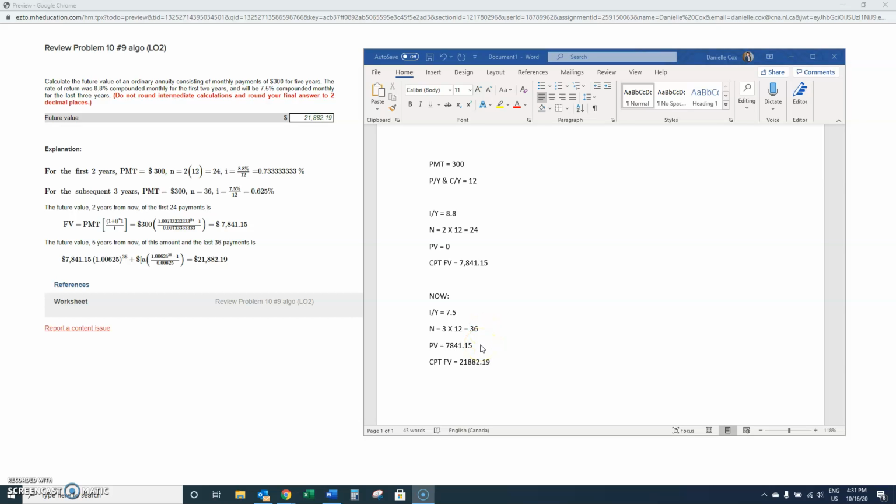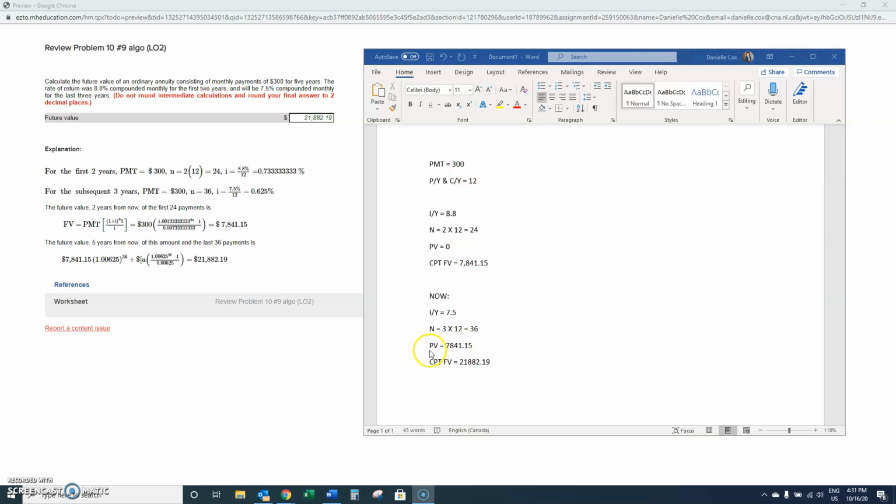Now the difference is we're not just looking at the payments, but the amount that was invested those first 2 years is still going to earn interest. So that is going to be our present value. So you think about that, you have 2 years of monthly payments, interest rate changes, so that amount from before here is still going to earn interest at the 7.5%, plus you're making 36 more payments of $300.